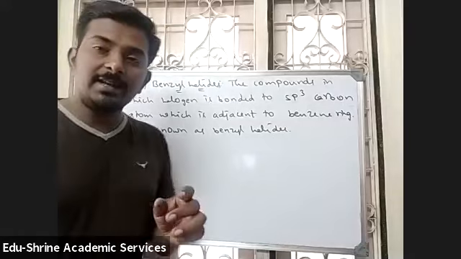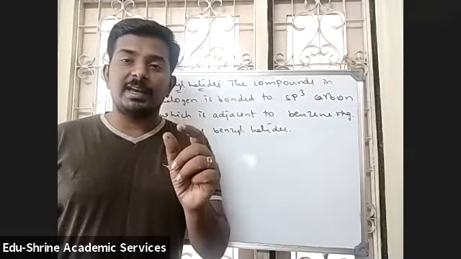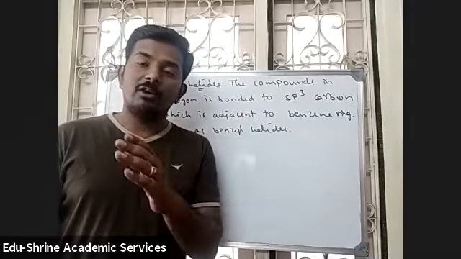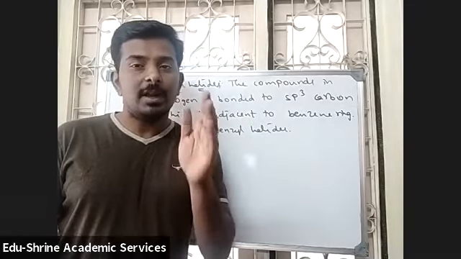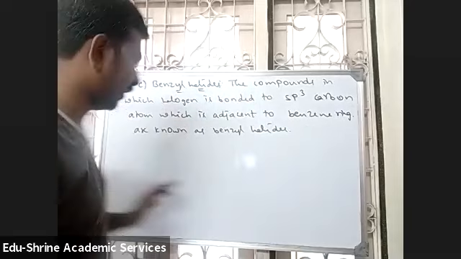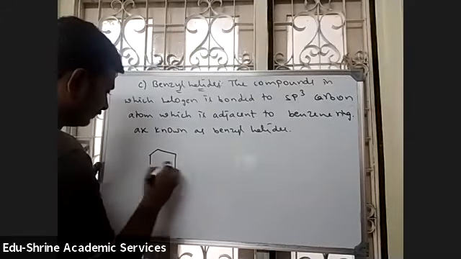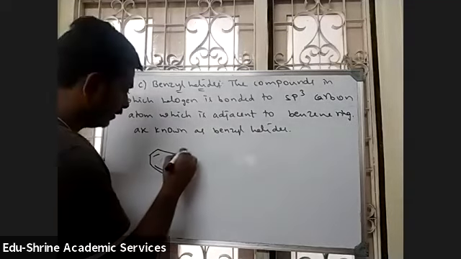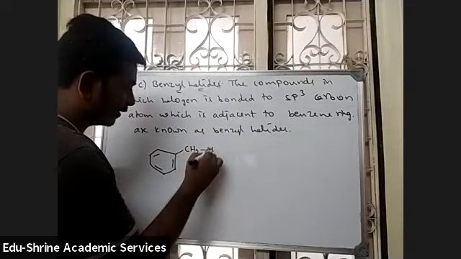So in allyl halides, halogen is attached to an sp3 carbon atom, which is attached to a double bonded system. In benzylic halides, halogen will be attached to an sp3 carbon atom, and that must be attached to a benzene ring. For example, see here. This is the benzene ring, CH2X.